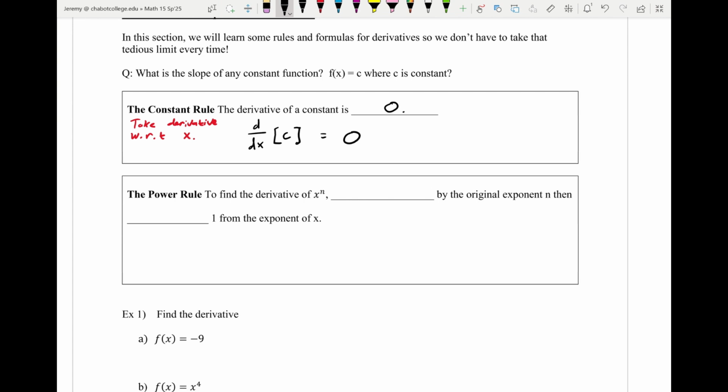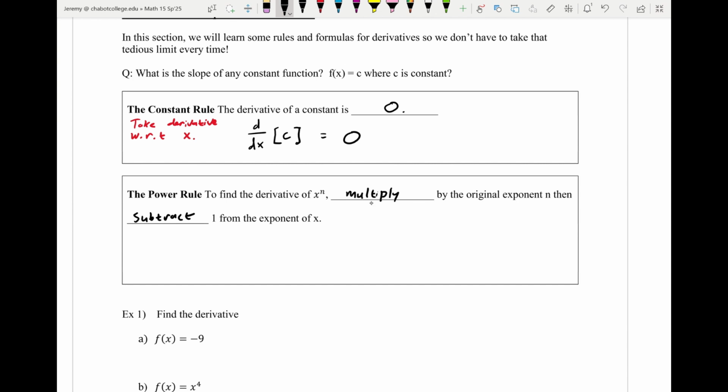The next rule is the power rule. To find the derivative of x to the n, what we do is we multiply by the original exponent. So we multiply by n, and then we subtract 1 from the exponent on x.